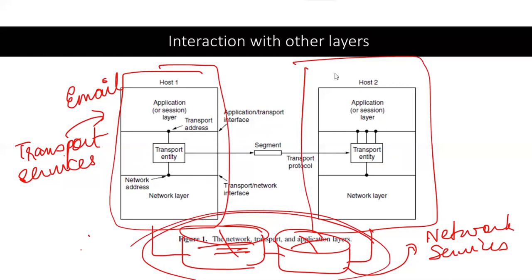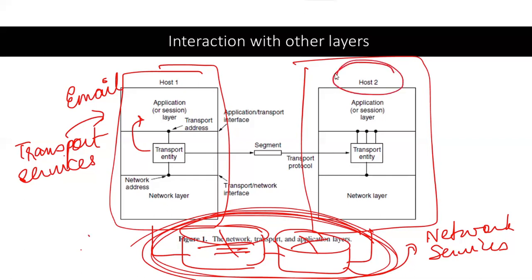Because the network layer is unreliable, and you have no control over what is running in these routers, who gives the assurance to the application layer, to the email application, that when you send an email or an SMS, it will reach the destination in the correct order?